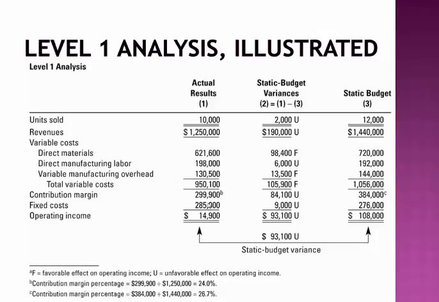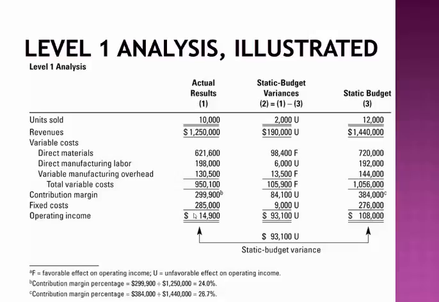And then finally here we've got our fixed cost. Our actual fixed costs were $285,000, which is $9,000 more expensive than what we had planned. Therefore, our result is unfavorable $9,000. All right, so what do we have overall?